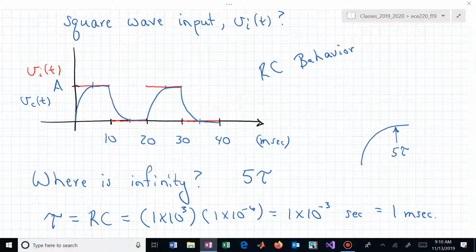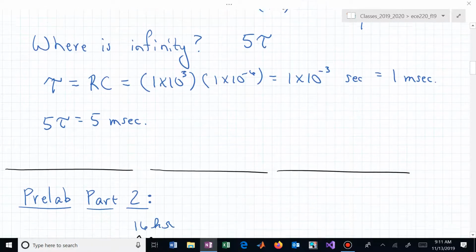So if you had a slower infinity, then you might not get up to A before you transition to 0. Or if you had a very fast system, then it would quickly zip up to A, and that exponential shape would look almost like the square wave input if your time constant was really fast. That's part 1 of the pre-lab.